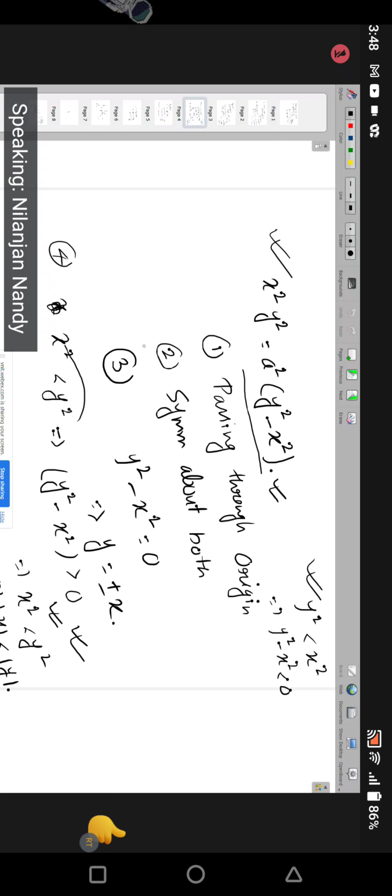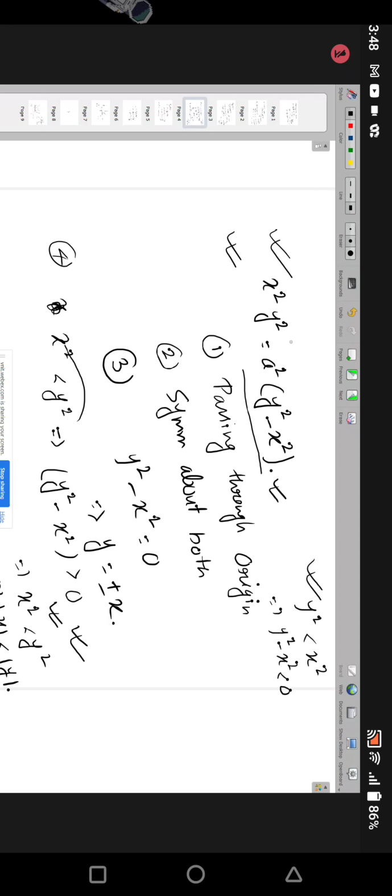If I set a particular value of x, say x equal to some quantity c, the result you get for x equal to c, you will get the same result for x equal to minus c also, right? It is because the curve is symmetric.